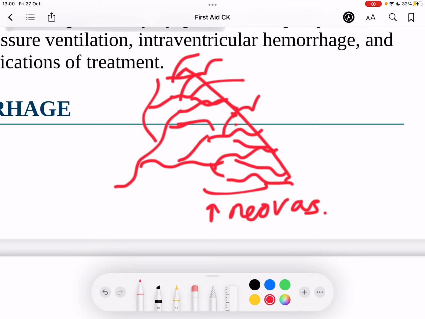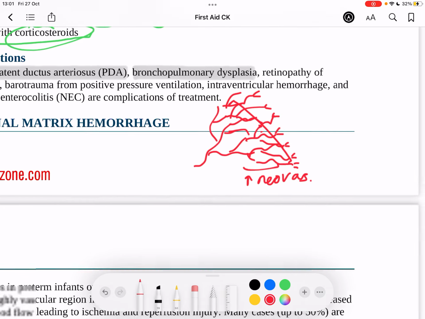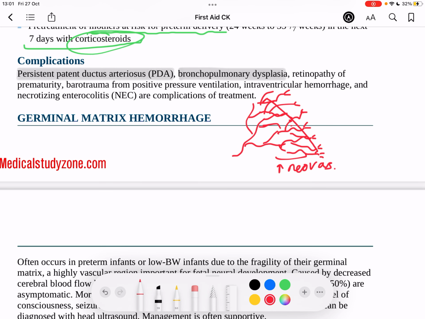But then all of a sudden we're giving the fetus lots of oxygen therapy, and therefore the vessels become very unstimulated, and we get little vessels branching off. So essentially the retinopathy of prematurity is due to this imbalance in when the fetus should be getting hypoxia and more oxygen. It then causes this problem in neovascularization.